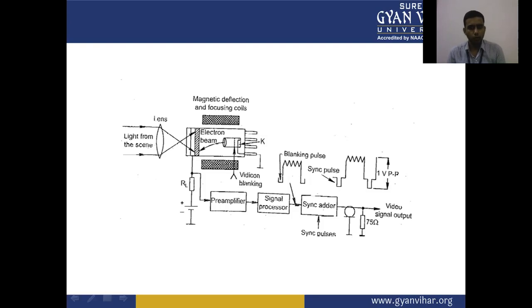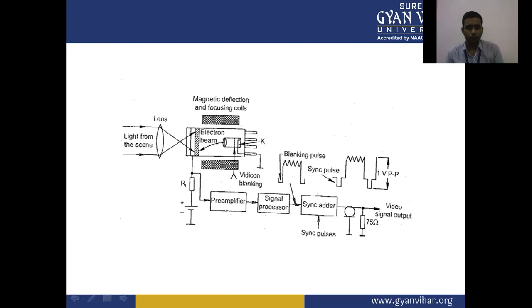The output of the glass plate is provided to the load resistor, and we have amplifiers to amplify the output signal, a signal processor, and a sync adder. Synchronizing pulses are added by the sync adder, and blanking pulses are added at the signal processor, in between the signal processor and the sync adder.